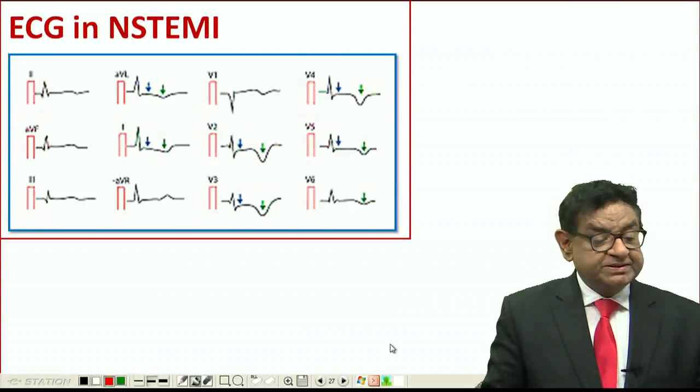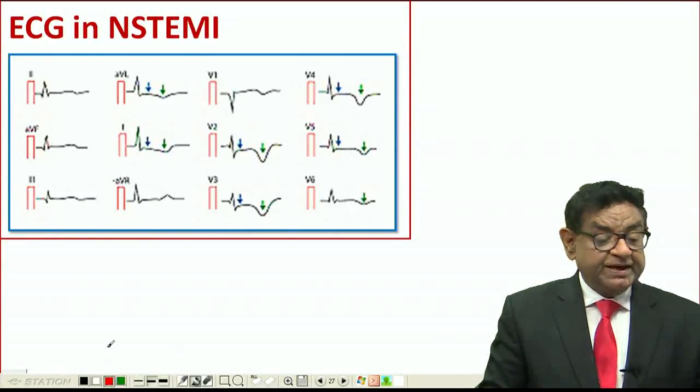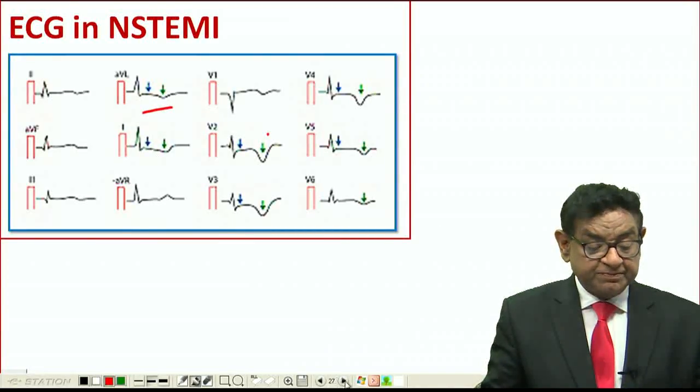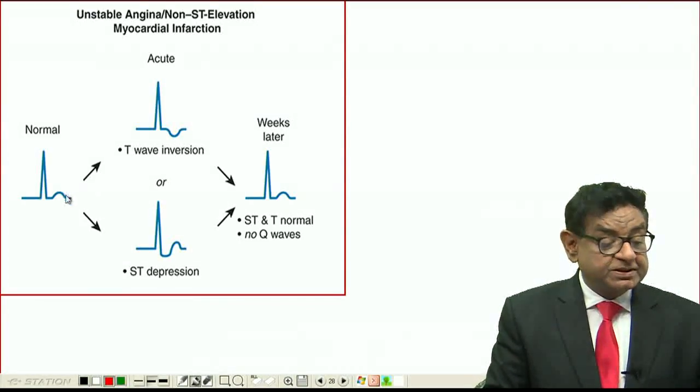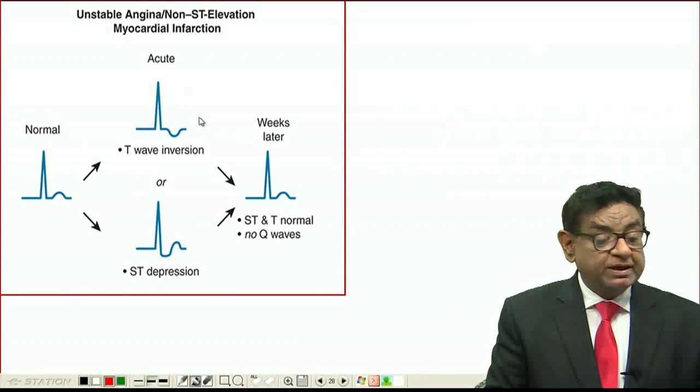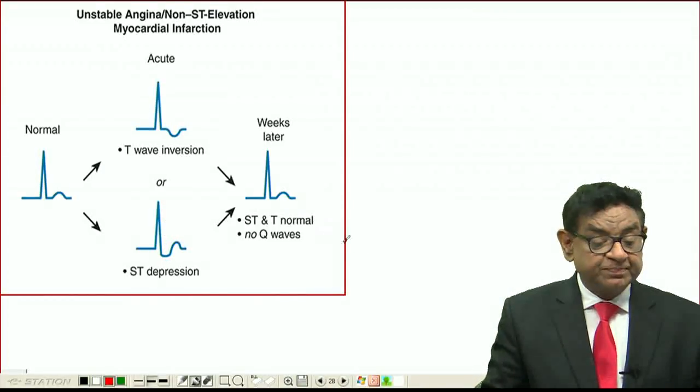So now ECG findings, what we get in non-ST elevated MI, we may get ST segment depression or maybe T wave inversion. And again, this is normal acute unstable angina, T inversion, ST depression.